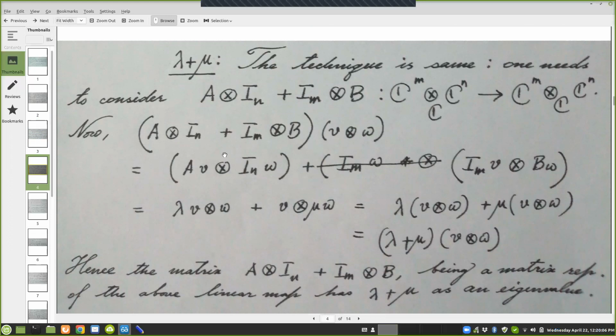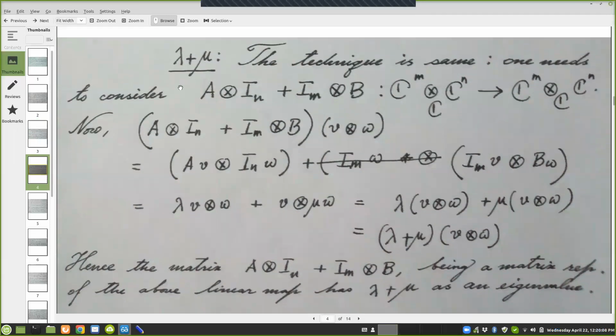So instead, we will consider this. I_n and I_m denote the identity operator on C^n and C^m respectively. Now consider the sum of these tensor products of the linear operators. Let me again remind you that we first regard A and B as linear operators and then consider the tensor product.